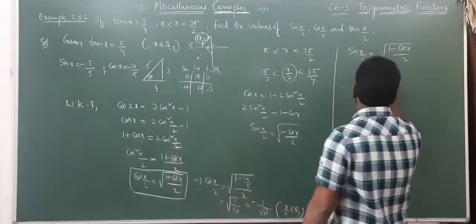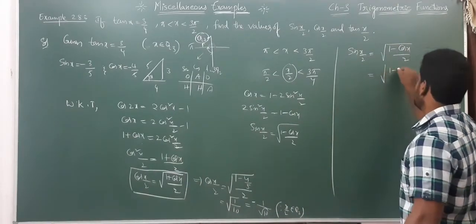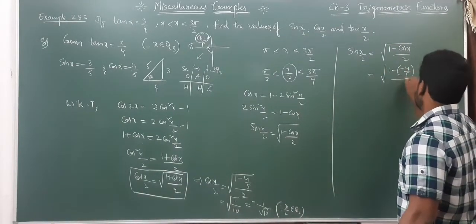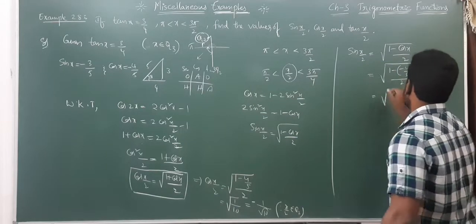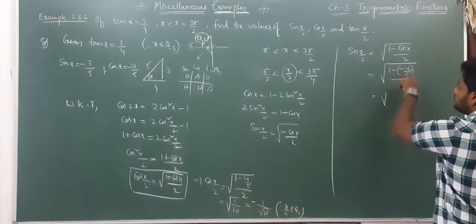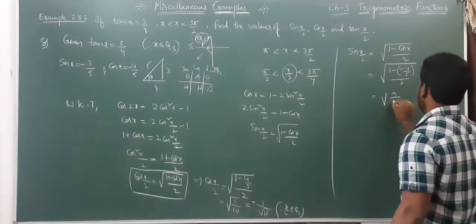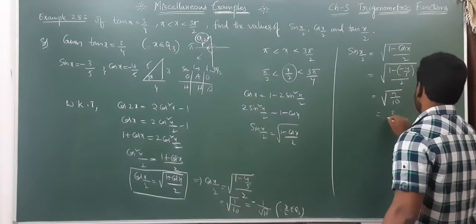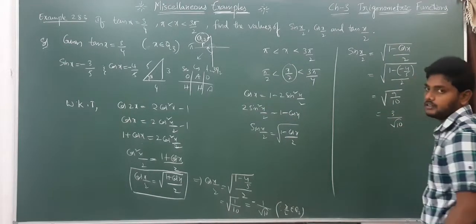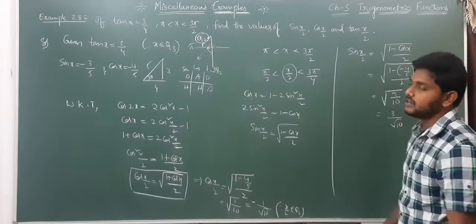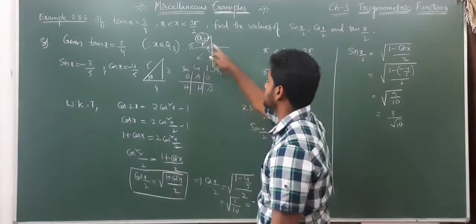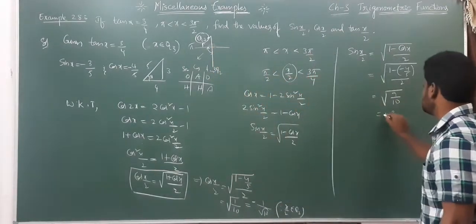So here we know the value of cos x, square root of (1 minus of minus 4 by 5) divided by 2. Square root of 5 plus 4, 9 by 10, which is equal to 3 by root 10. So now, is sin x by 2 positive or negative? Because x by 2 belongs to Q2, sin is positive.